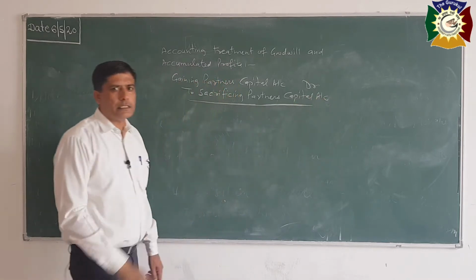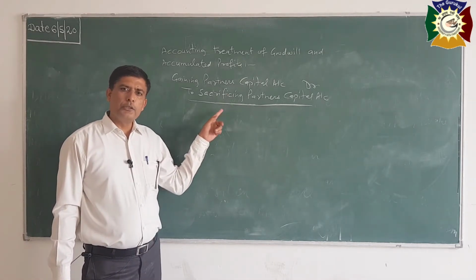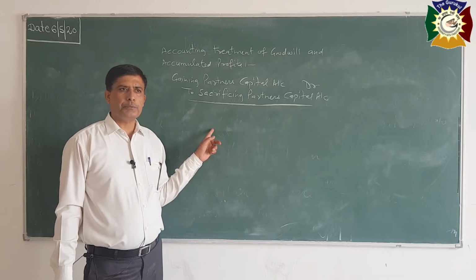So this is the adjustment entry for goodwill. You will write the narration: adjustment for goodwill due to change in profit sharing ratio.